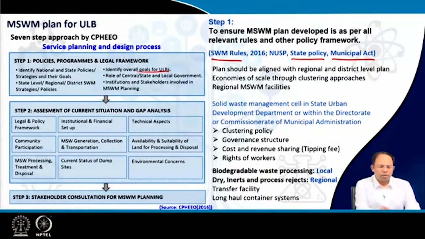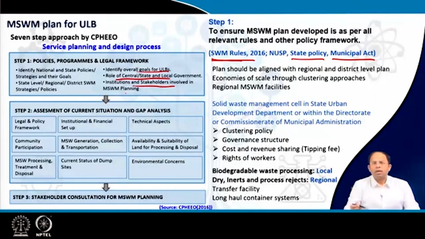And we have to look into the roles of different authorities. We have also seen in the municipal solid waste management rules 2016, it specifically gives us the roles of different authorities, and that we have discussed in earlier lectures. So each one of those roles has to be looked into, and then we have to determine how it has to be implemented and what are the institutions and stakeholders which are involved in the municipal solid waste management plan.